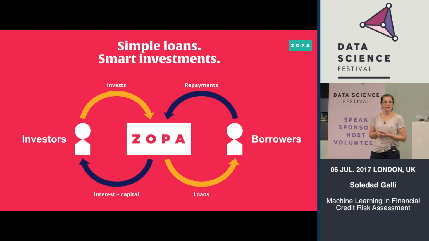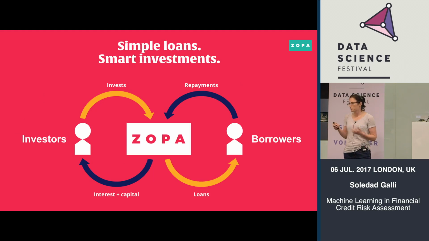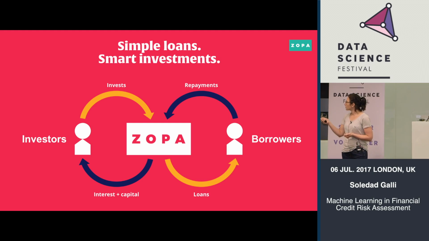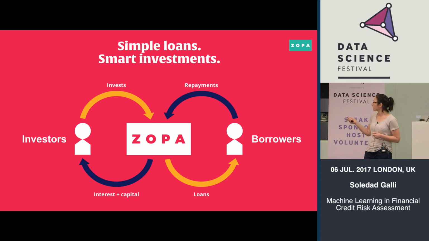So Zopa, as I said, is a peer-to-peer lending platform. This means that we match people that want to invest their money with people that are looking to lend money to do something that they please. One of the beauties of Zopa is that we have loans with lower rates for borrowers, and we provide higher returns to investors.